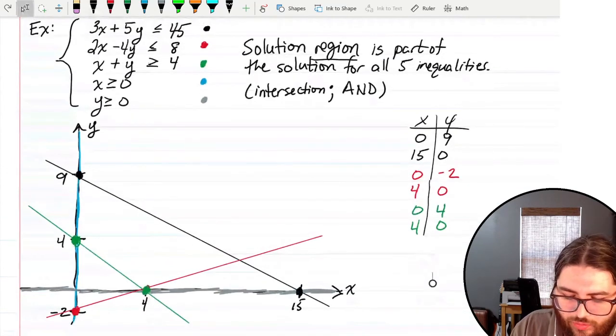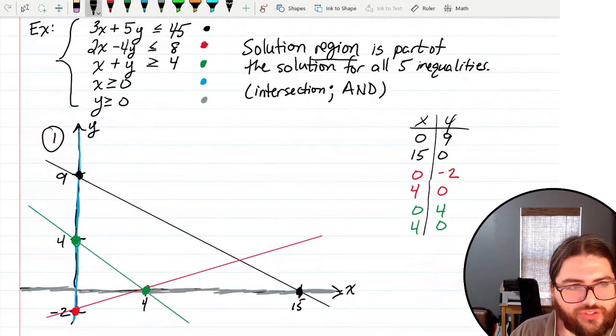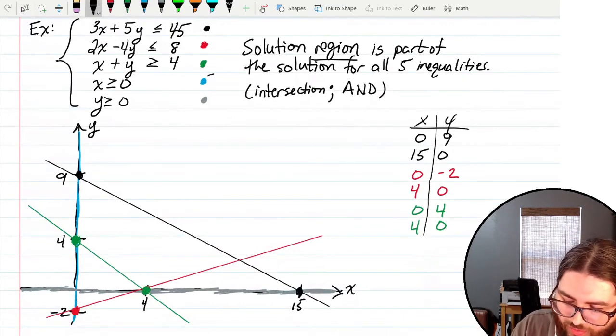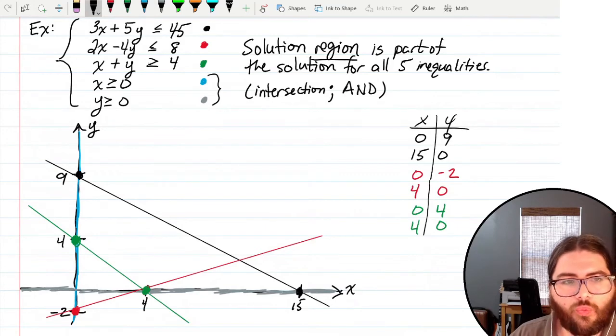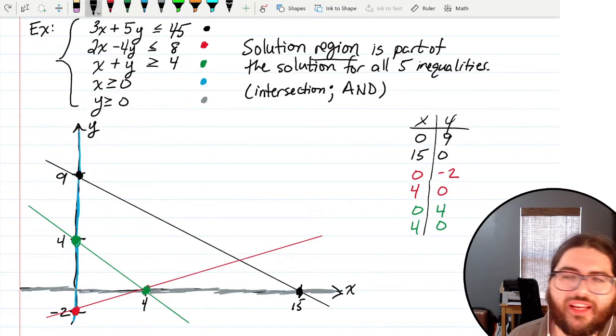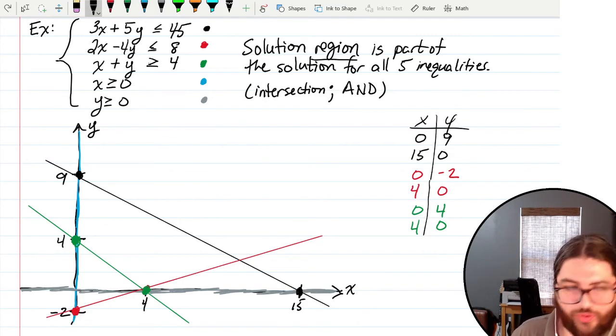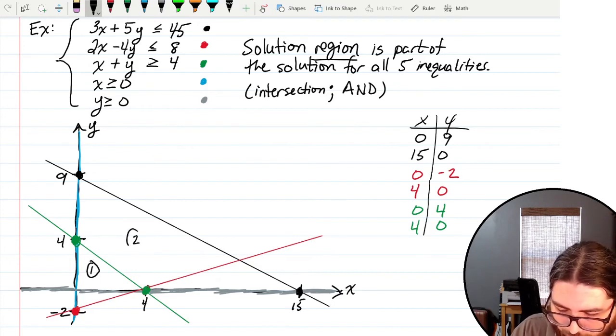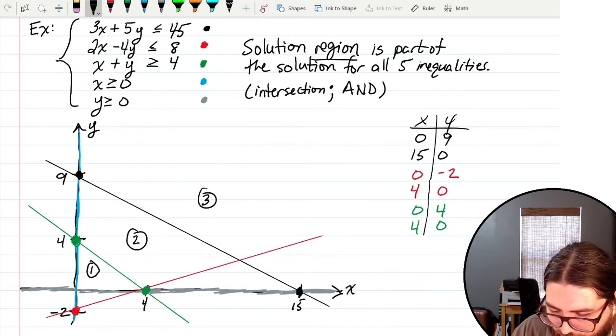I'm not going to bother writing the negative sections and numbering them, because notice how these last 2, y is greater than 0, x is greater than 0, I know that all of the negative numbers are not part of my final solution. They're not part of the and intersection. So I'm not going to bother with those. But for all of the other ones, and the numbering doesn't matter, I'm just numbering them for convenience.